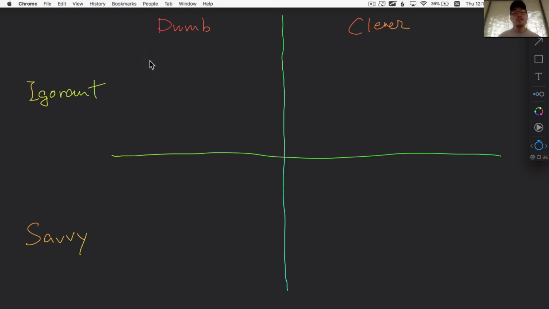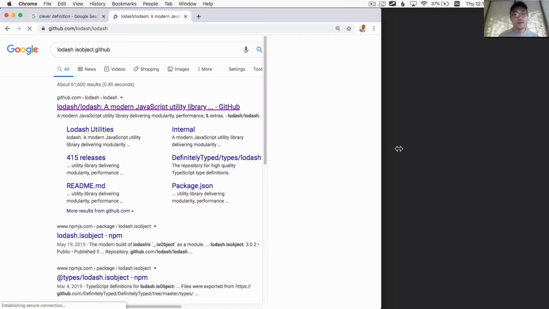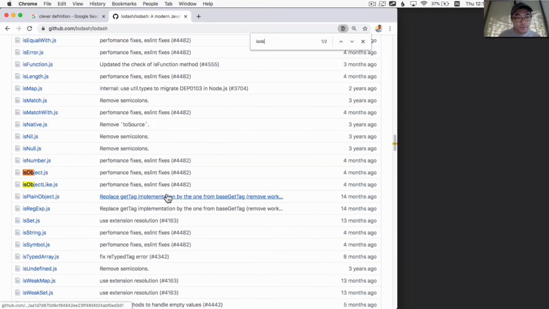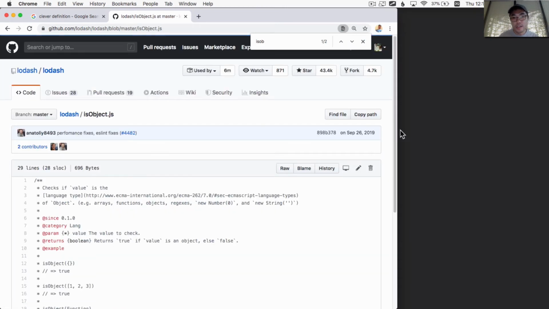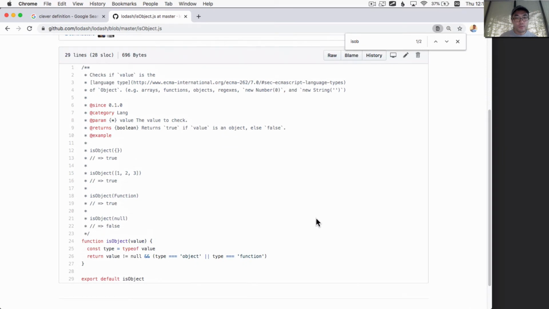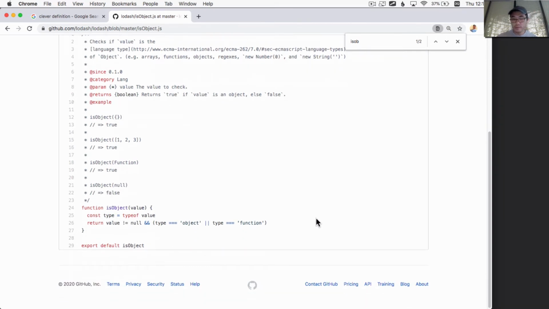I would say isObject in Lodash, isArray, although you haven't seen its code. So we'll dig up this piece of code. I've dug it up before. It's not that complicated. This is a piece of code that is, in my opinion, both very dumb and very ignorant.